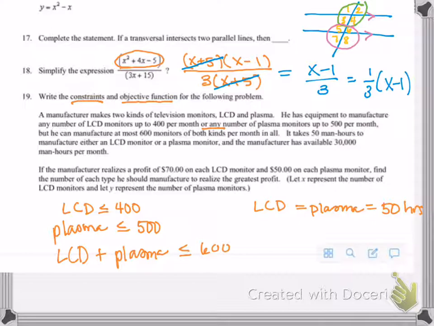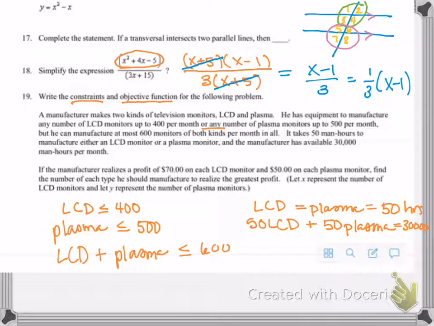So total for the LCD and the plasma, if we do 50 for one of them, or 50 for the other, and add them all together, the hours it takes for all the plasmas and the hours it takes for all the LCDs gives us a grand total of 30,000. So this is the information that we got out of the first paragraph.